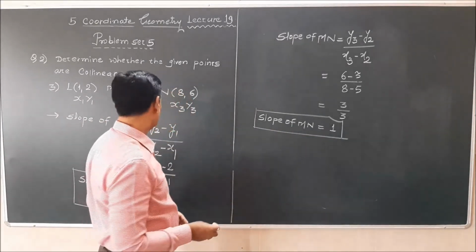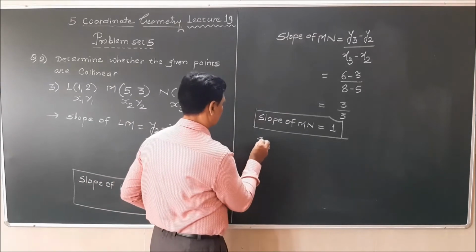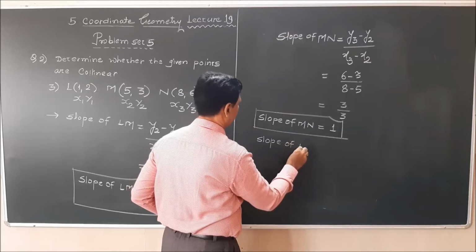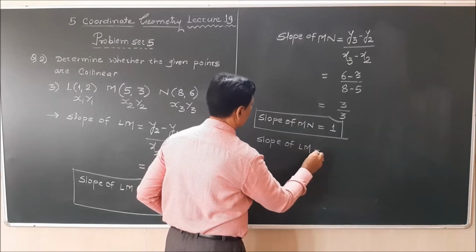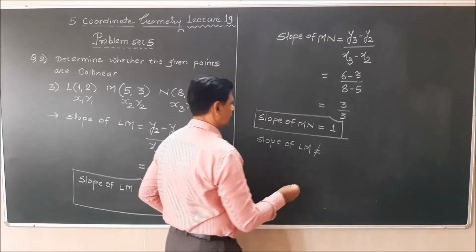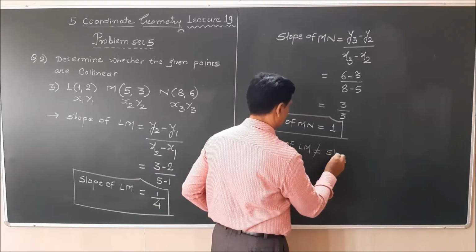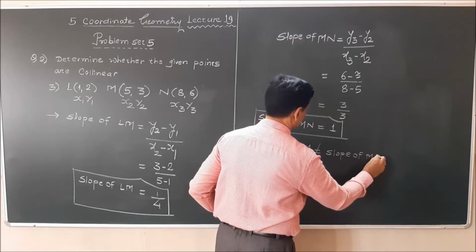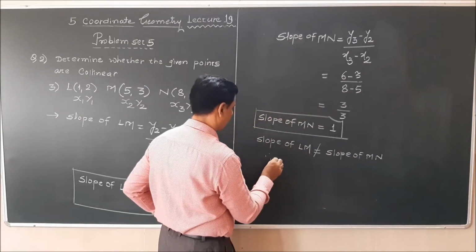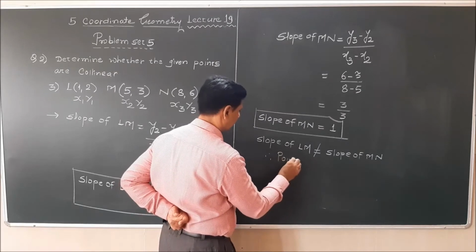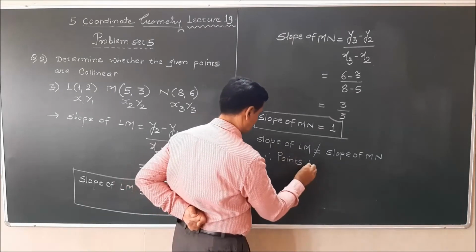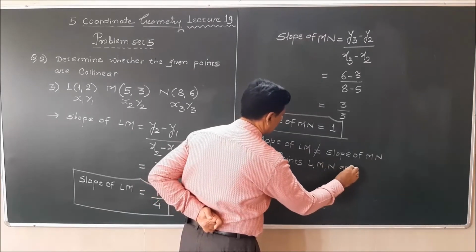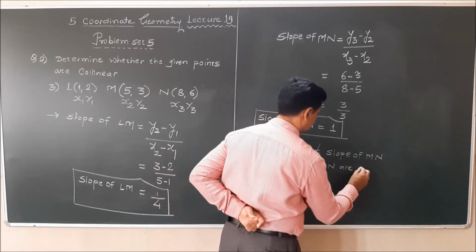So slope of LM is not equal to slope of MN. Therefore, points L, M, N are non-collinear. That is important.